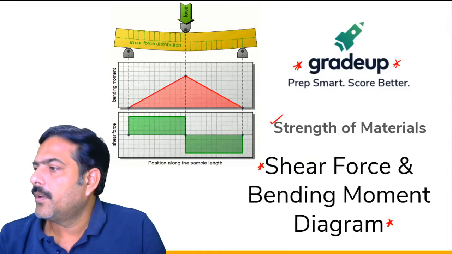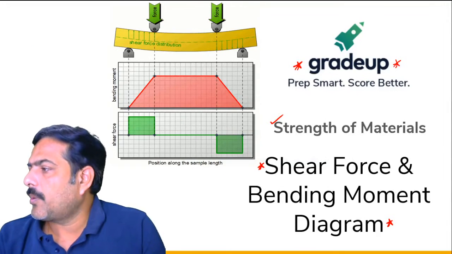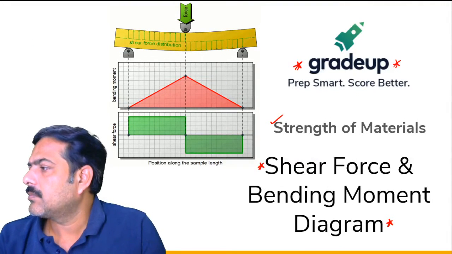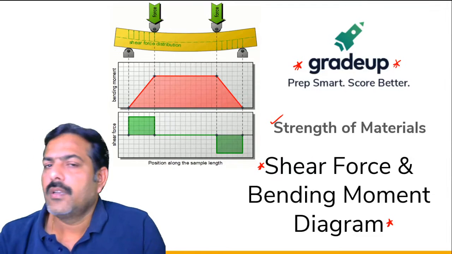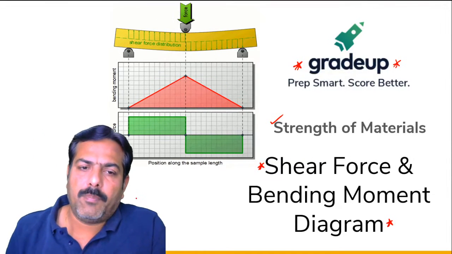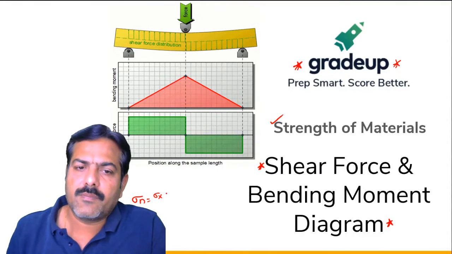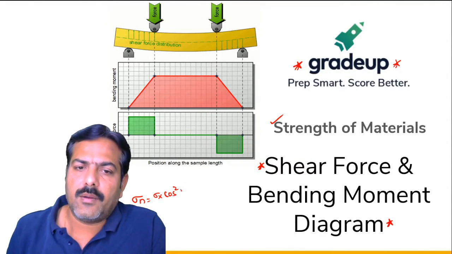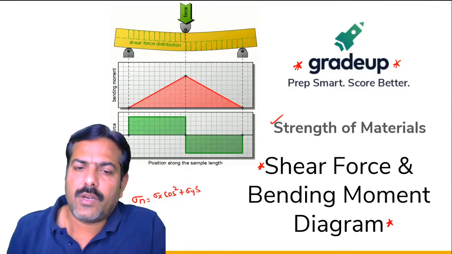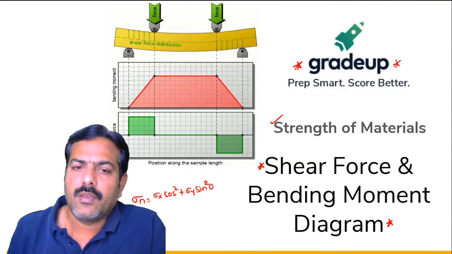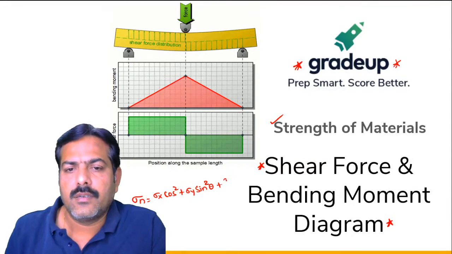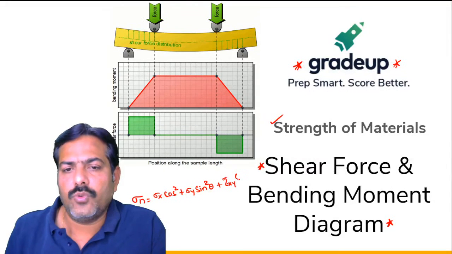So, any doubts in the last two topics, my dear friends? See here, on oblique plane, the normal stress value is equal to sigma x cos square theta plus sigma y sin square theta plus tau xy sin 2 theta.